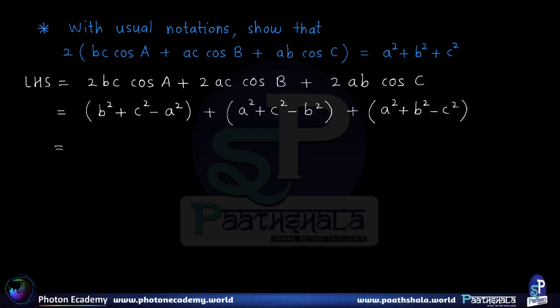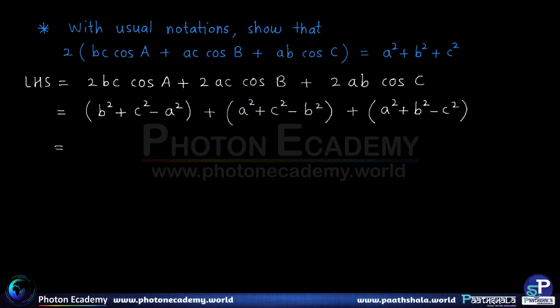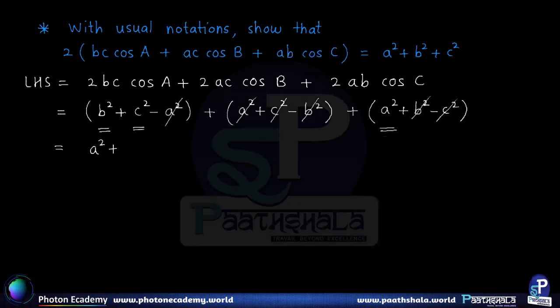When we add all the terms, a square gets cancelled, then b square also gets cancelled, and c square also gets cancelled. So we are left with a square plus b square plus c square, which is nothing but the required right hand side. That completes the proof.